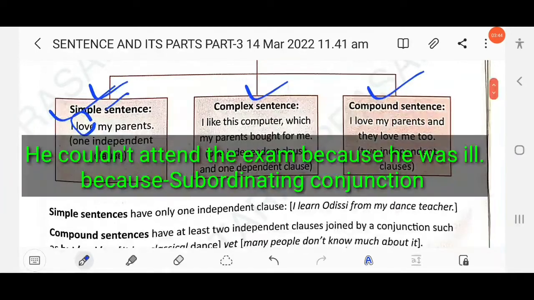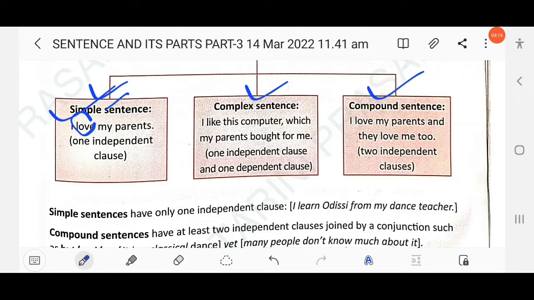Suppose we take an example: he could not attend the exam because he was ill. Here, because is a subordinating conjunction, so this is a complex sentence. Clear? What is a complex sentence? If there is use of a subordinating conjunction in a sentence, the sentence will be called a complex sentence.